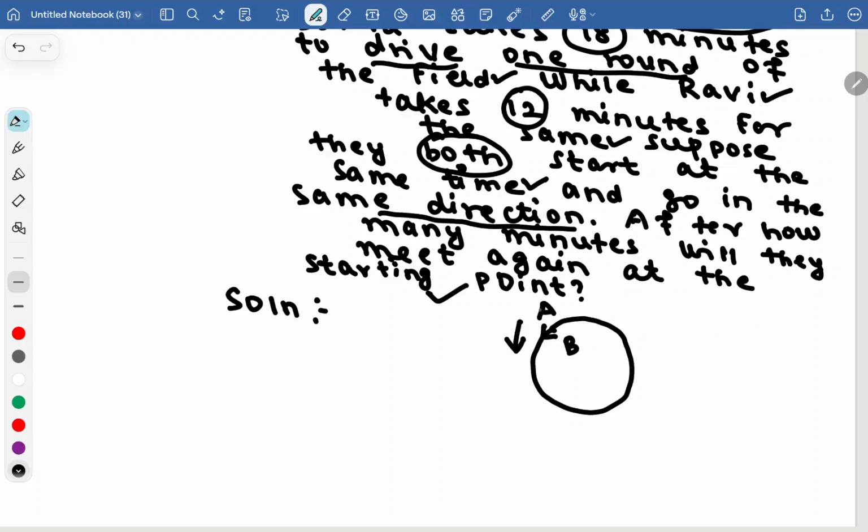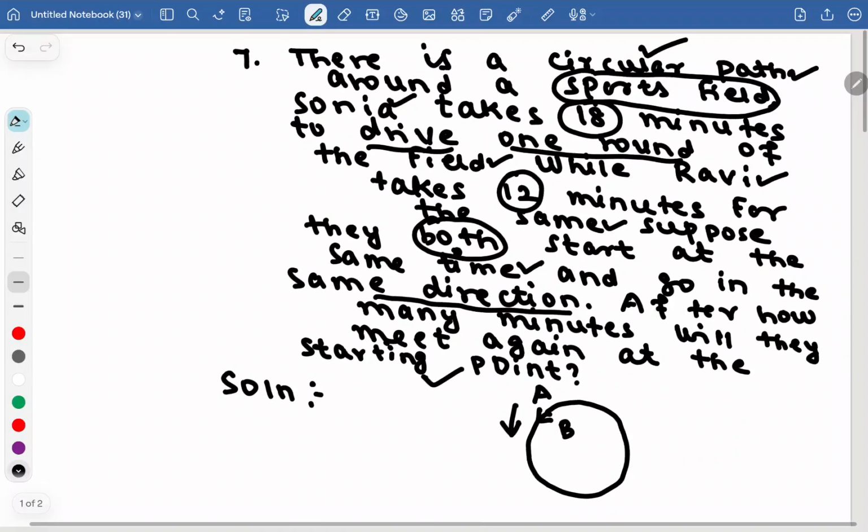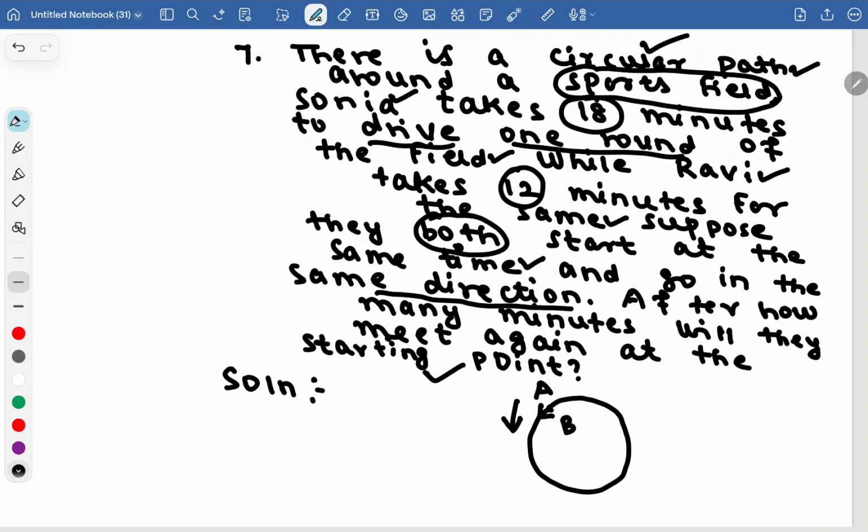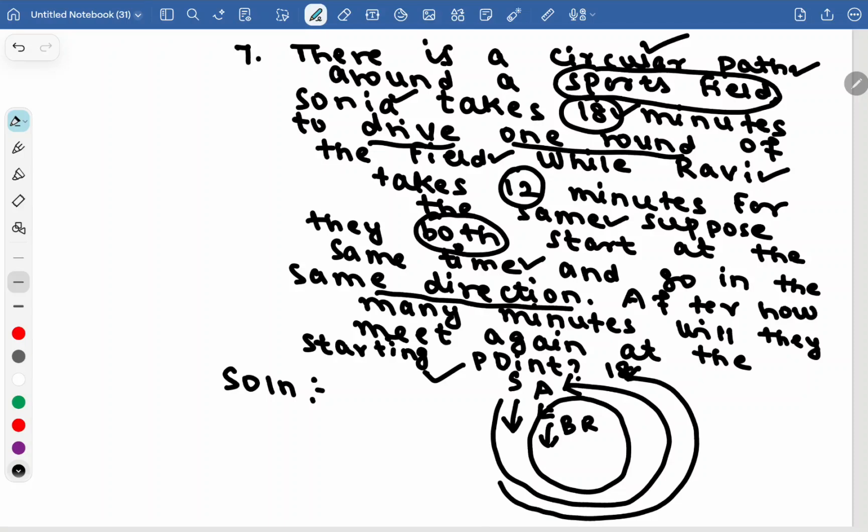Sonia takes how many minutes to cover one round? 18 minutes, one round. For Ravi, in the same direction, one round takes how many minutes?